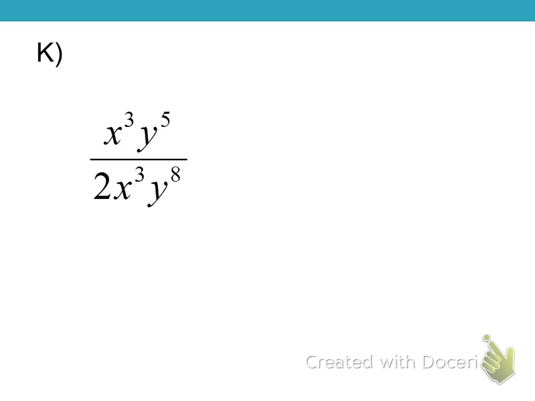Good. 2 stays the same. You subtract the 8 and the 5, you get y to the third. And where do I write that? On the bottom. Keep that 1 as a placeholder up top.